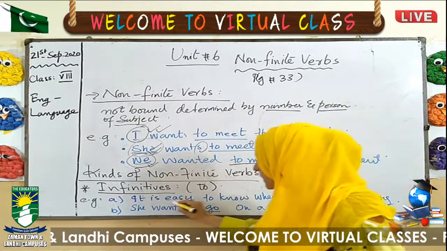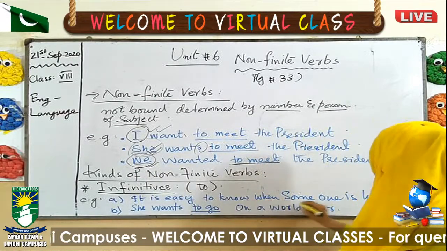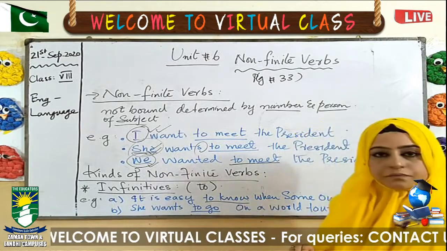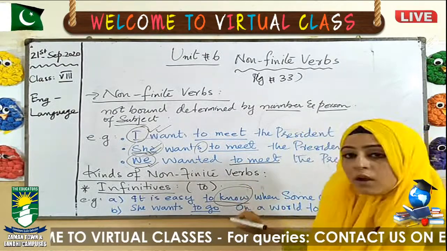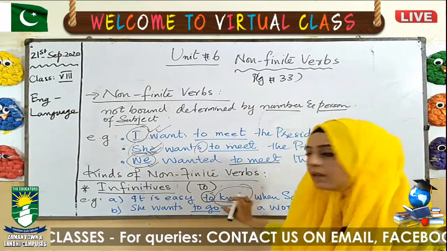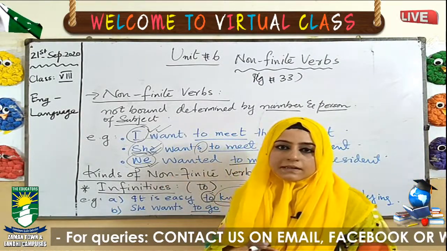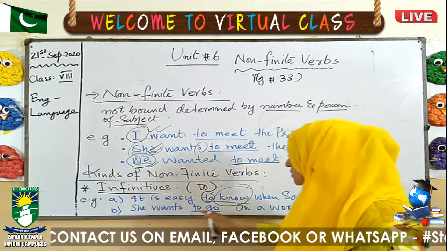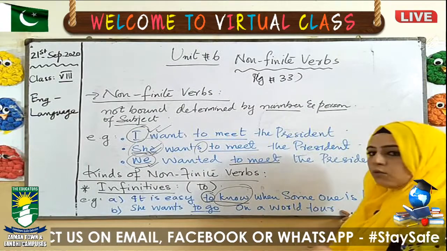Like here: it is easy to know when someone is lying. To know: verb know, and we have the preposition to here. So this will be your infinitive form in the sentence. Clear? Second example: she wants to go on a world tour.